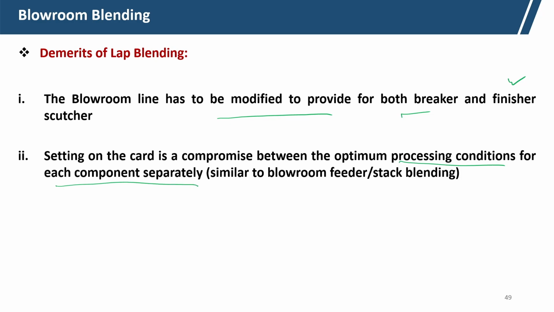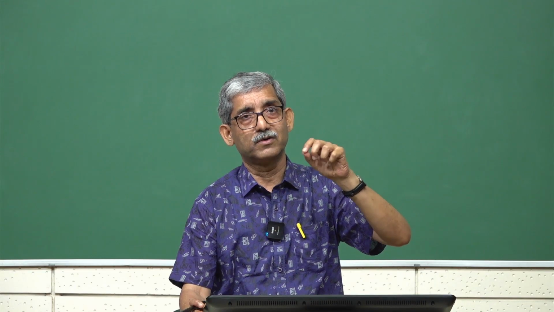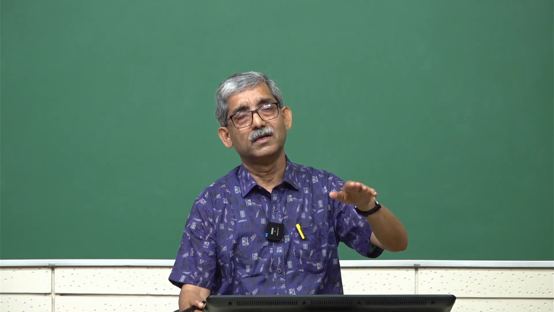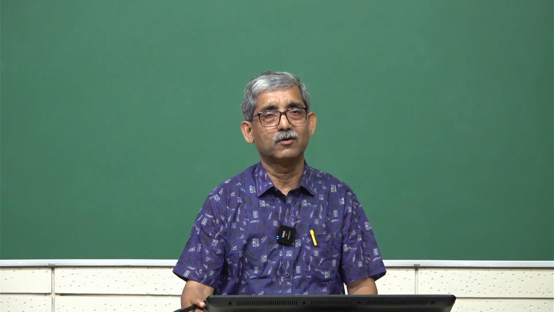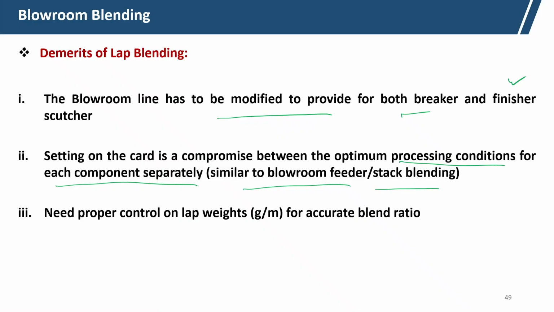This is true for lap as well as feeder or stack blending, because the setting is important. If we try to process polyester and cotton together in carding, then a compromise has to be made. It also needs proper control on lap weight. If the lap linear density changes, it will affect the blend ratio, so proper control has to be there.